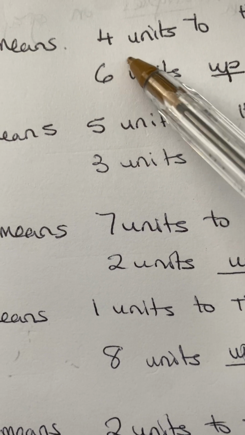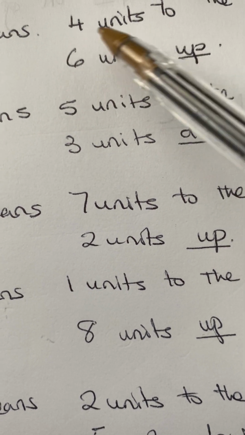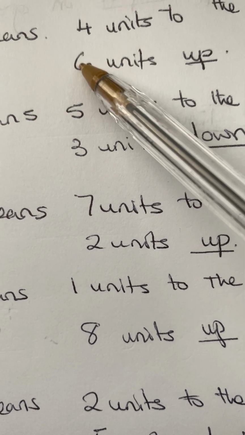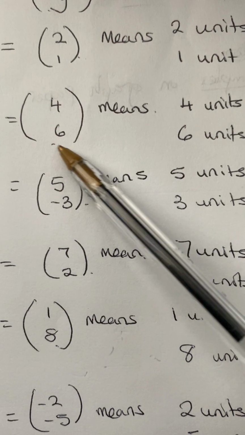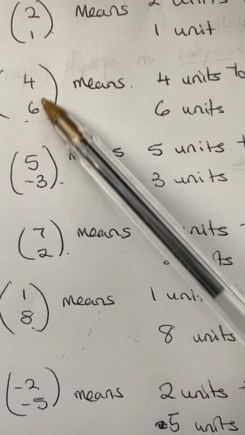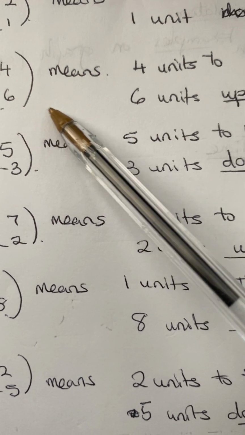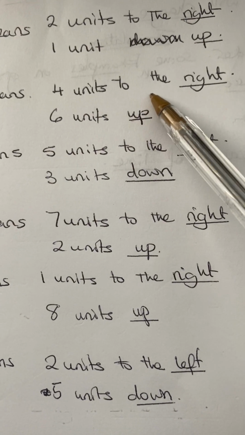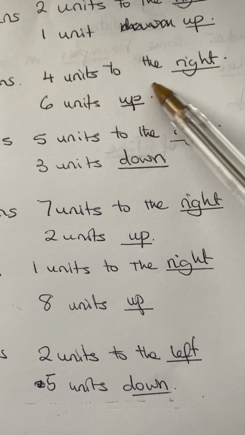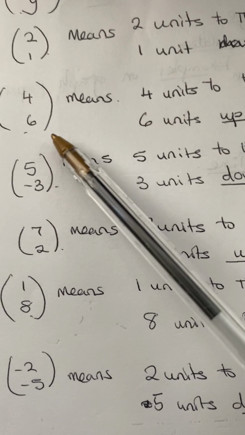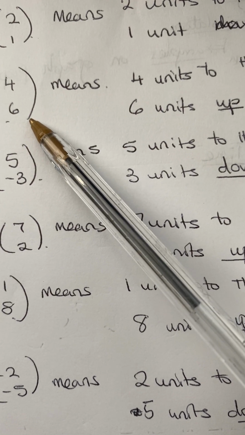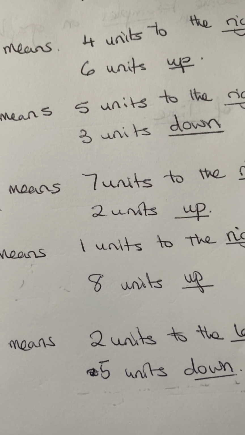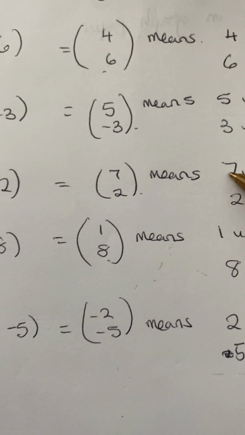So you take, assuming they gave you a triangle A, B, and C, you first take the point A. If they ask you to translate under this vector 4, 6, you take the point A, move it 4 units to the right on the graph paper, and then when you get there, 6 units up. That will be your new image. Okay, we will look at examples.